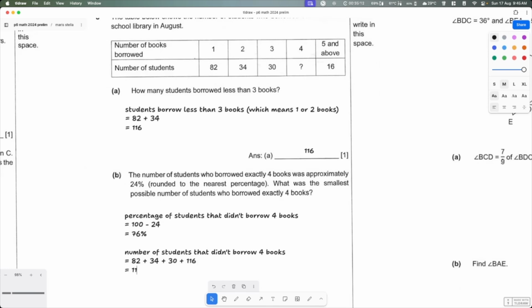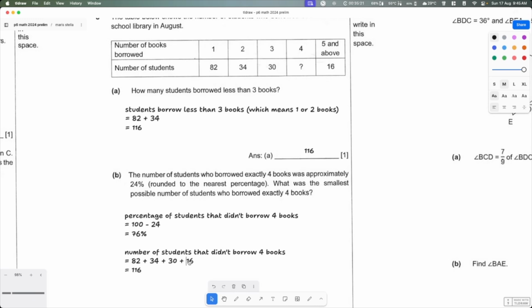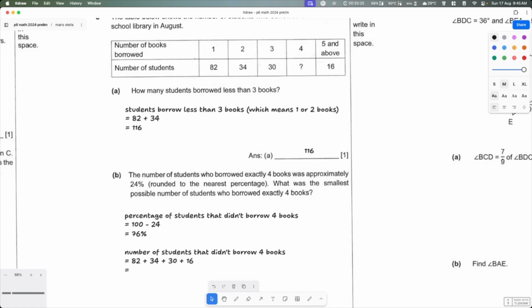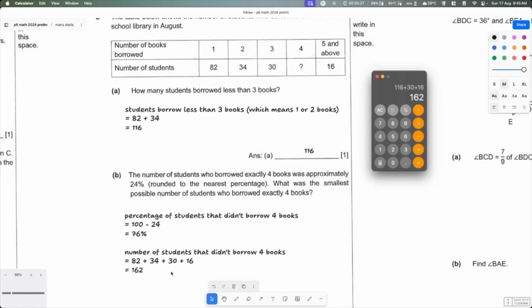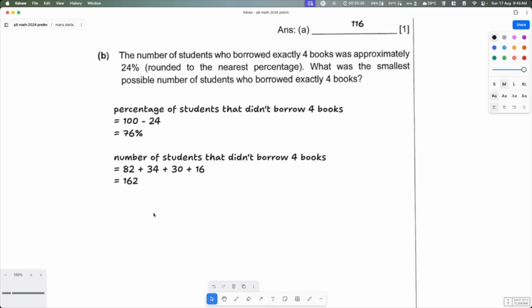Okay, so we know it's 116, then plus everything else, right? 6 plus 30 plus, not 116, 16. Plus 16, and this will give us 162. Let me double confirm again: 82 plus 34 plus 30 plus 16.